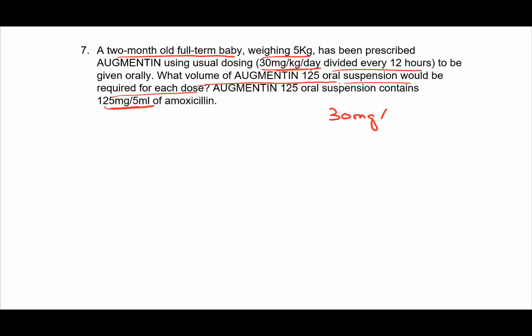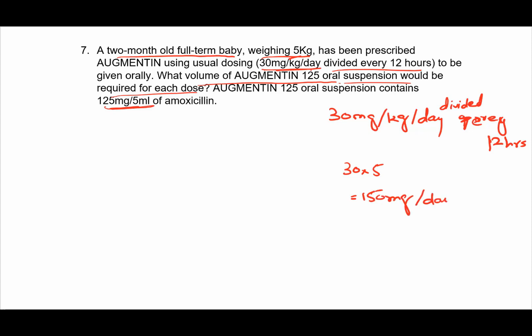30 milligrams per kg per day, divided every 12 hours. Patient weight is 5 kg, so 30 times 5 is 150 milligrams per day, and that has to be divided every 12 hours.